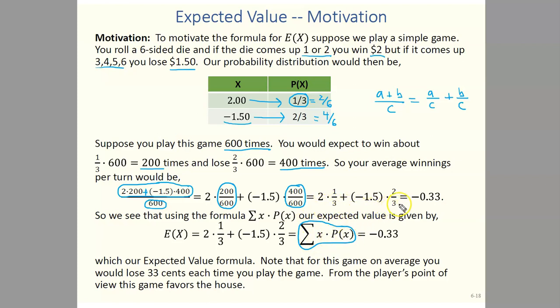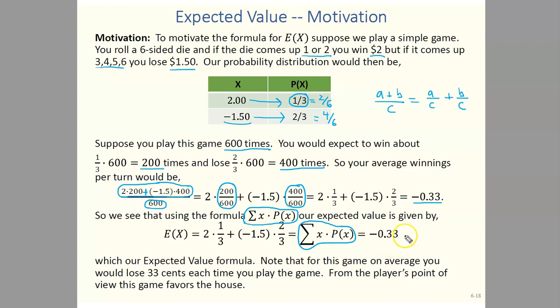And when we evaluate this quantity right here, we get negative 0.33. And so we see, by looking at it from the point of view of playing many, many times, how this formula, the summation of x times p of x, is coming out. So that's why we use this formula for the mean of a probability distribution, or its expected value.